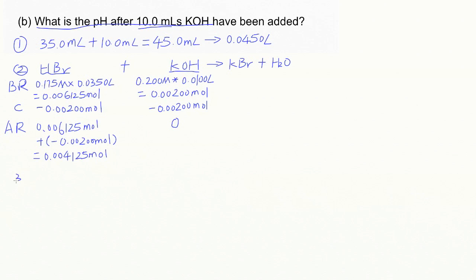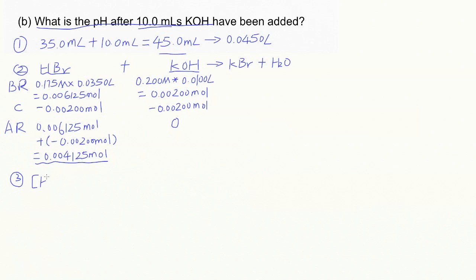Now the next part is to calculate the concentration of this much hydrogen bromide in 45 ml of solution. Here's how we do it. Let me erase this part. I want to be sure that you understand why we do this calculation.